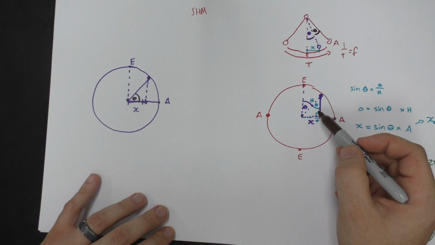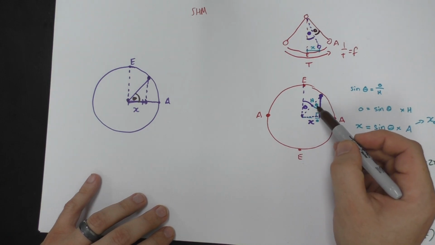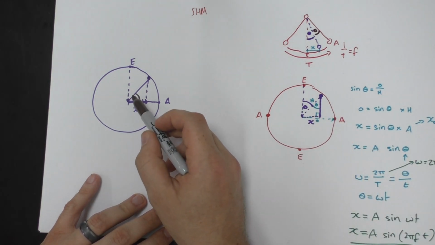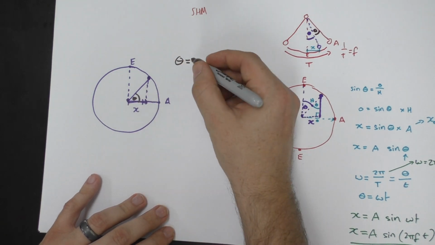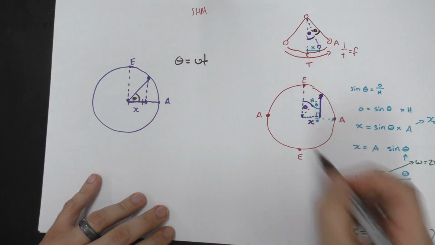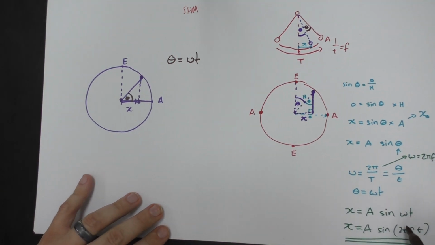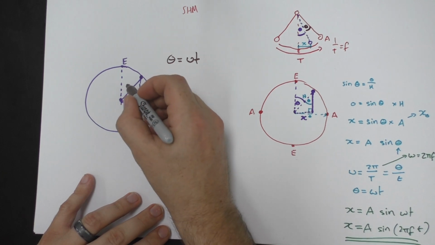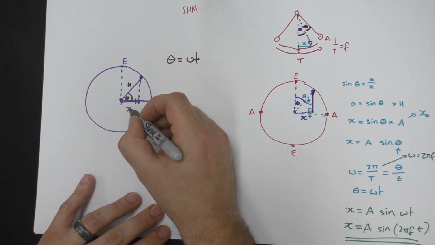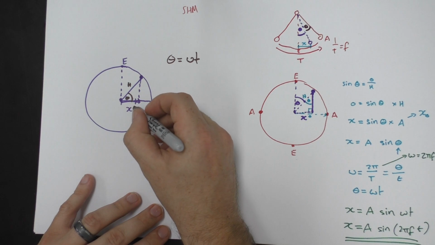Notice how this is different from before. The angle we had was up here. This is the angle from the amplitude. And yes, the angle from the amplitude can be replaced with omega t, as we did all the way down here. And the triangle is still the same. This is the hypotenuse, but instead of this being the opposite now, it's the adjacent.